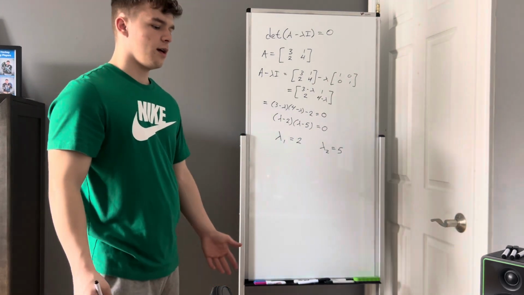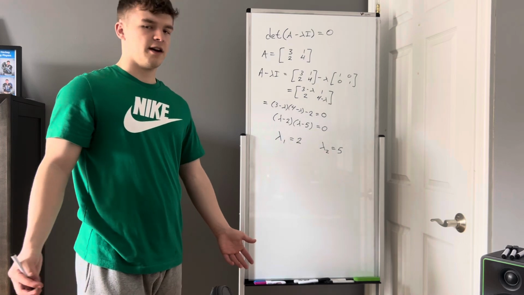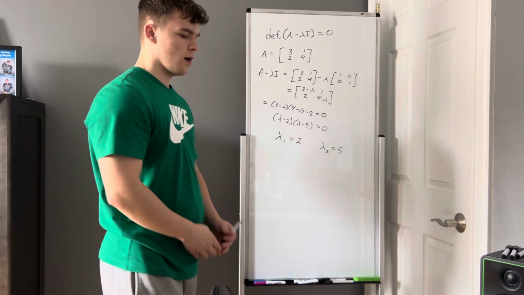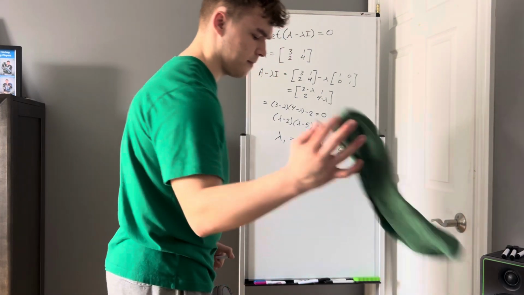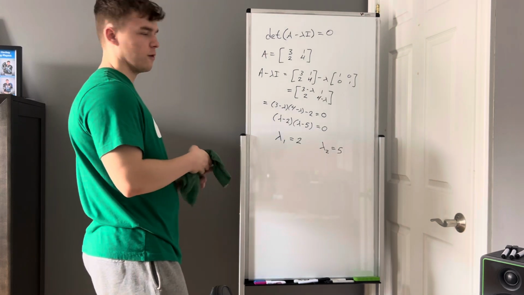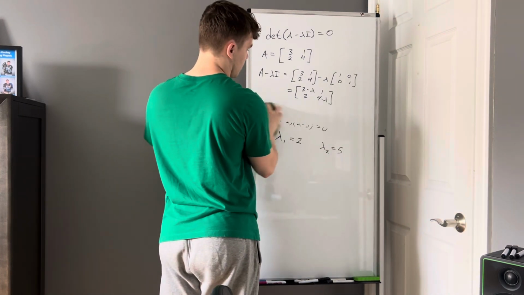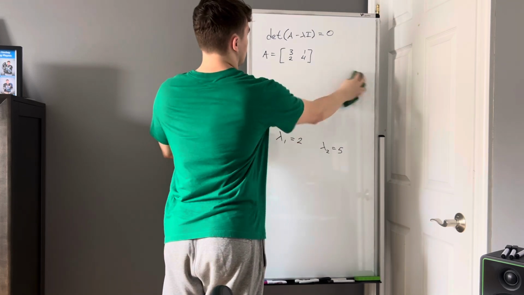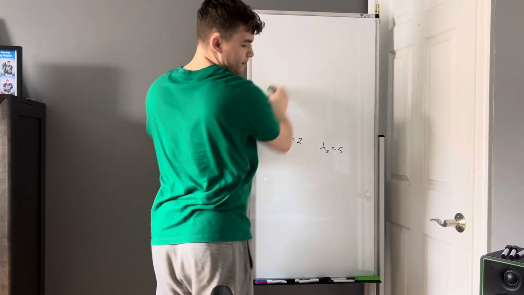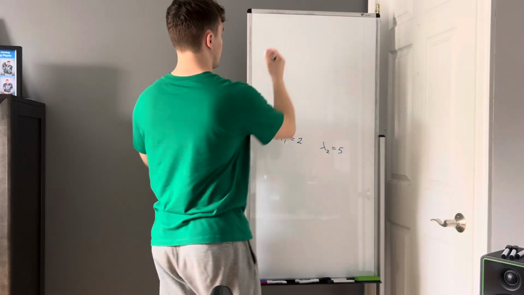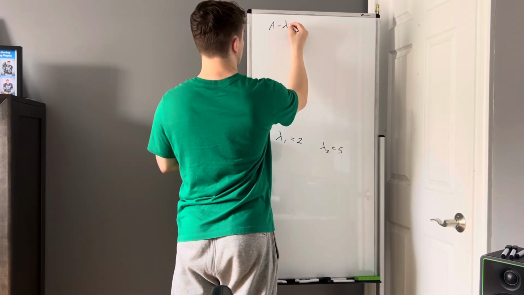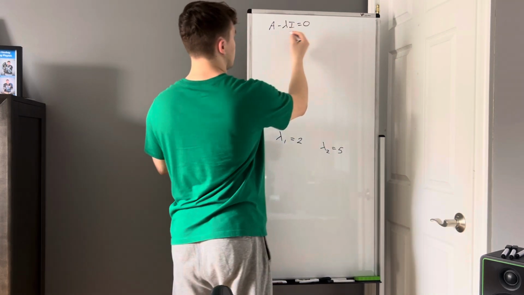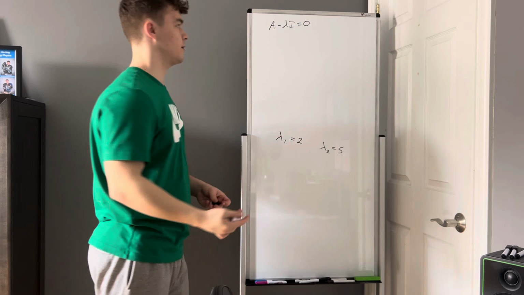Okay, now eigenvectors. What are these? Let's solve for them. What we're going to take is this new formula: A minus lambda I equals 0 for all of the lambdas that we found.